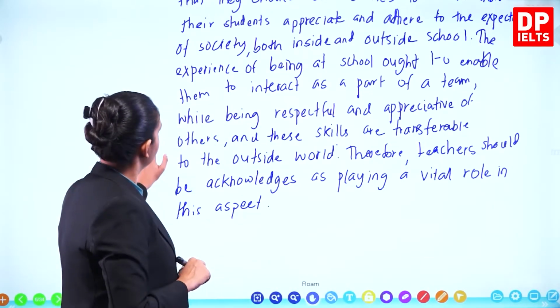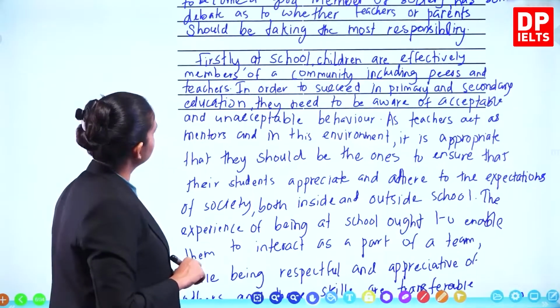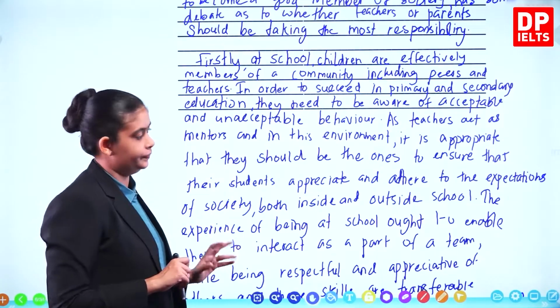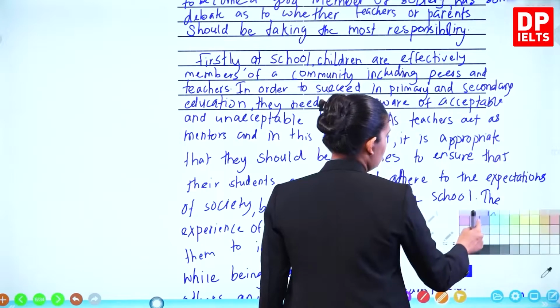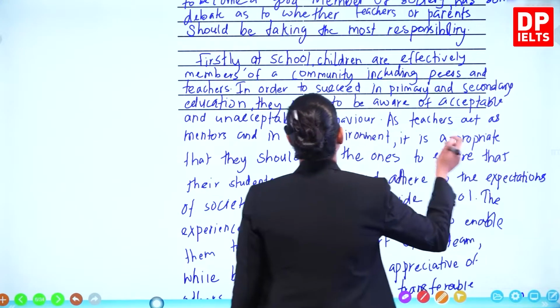So here, this is the first para, and this paragraph talks especially about how school children are being developed by school.